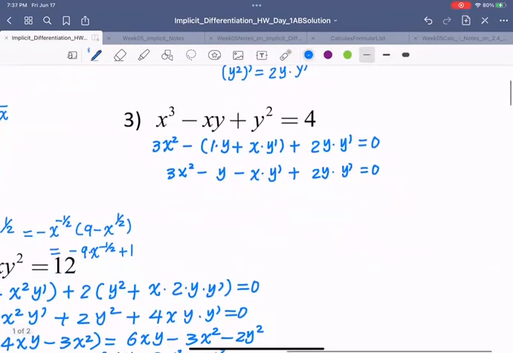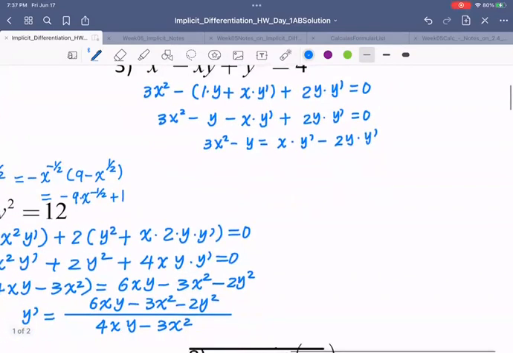So 3x squared minus y is equal to x times y prime minus 2y times y prime. Good. Continue. And then this is x minus 2y times y prime, right? Yeah. You are almost there: 3x squared minus y.